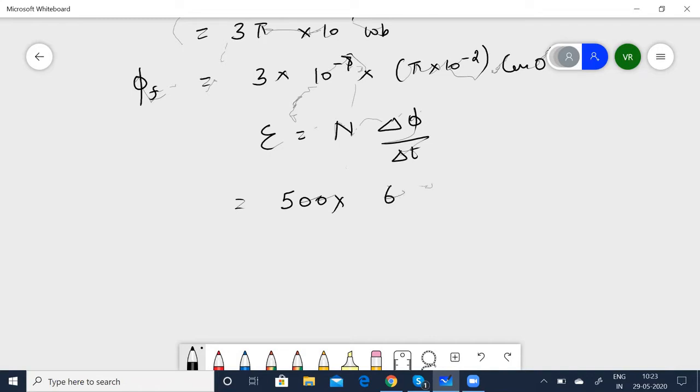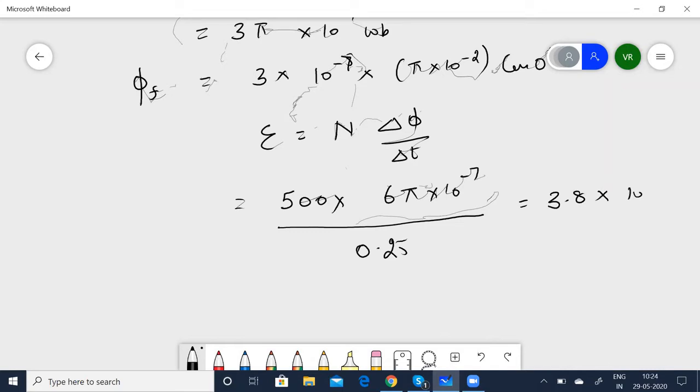So 6 pi into 10 to the power of minus 7 divided by delta T, which is given as 0.25, which is equal to 3.8 into 10 to the power of minus 3 volts.